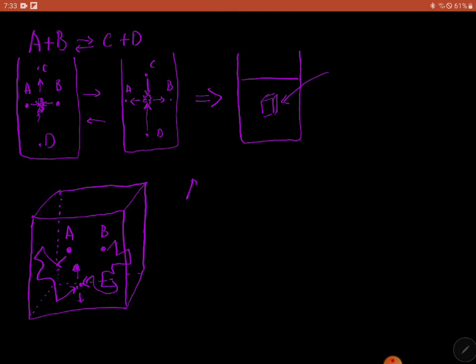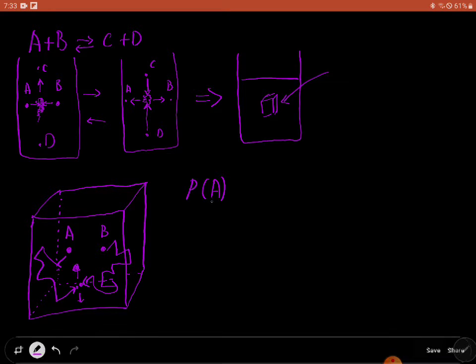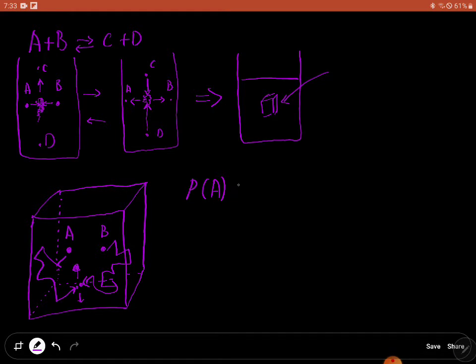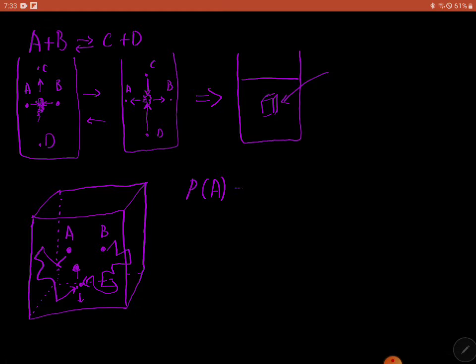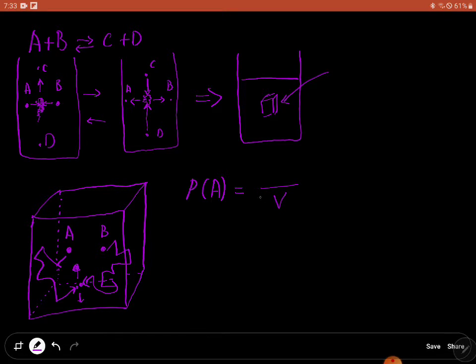Then the probability of A. What is the chance that A is present in this specific area? It is simply this: I have a volume or a specific area.